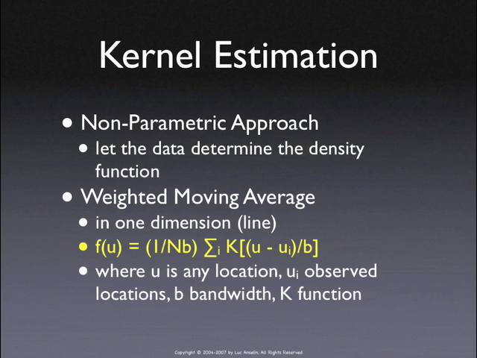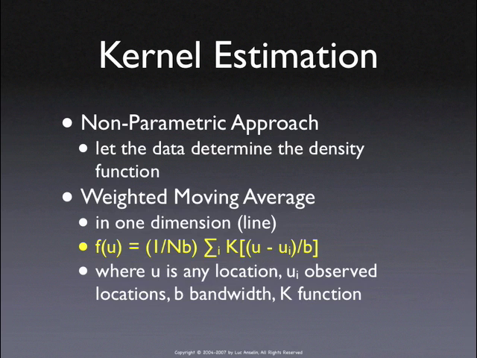Now, this is separate from the event that actually did occur. We use the information from the events that did occur to say something about where they might have occurred. So formally, we have any location U, we have the locations of our events U_i. K is this magic kernel function that I haven't talked about yet.